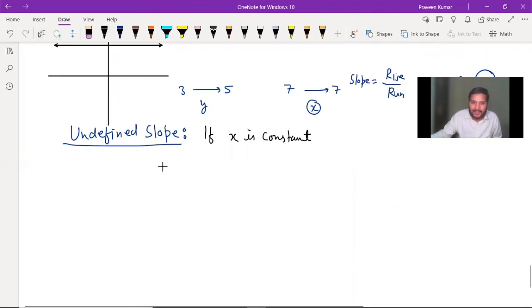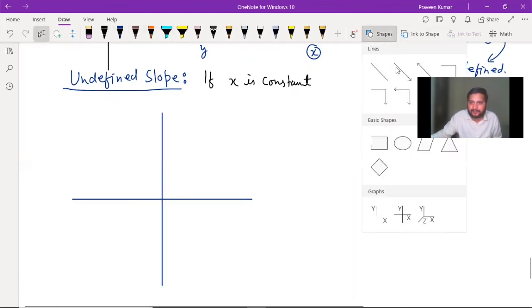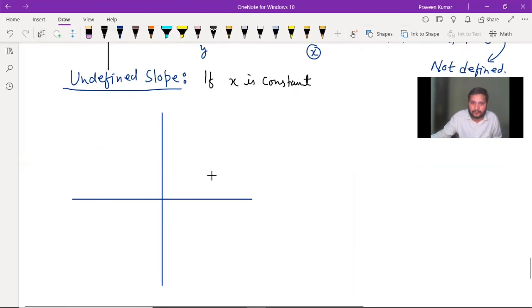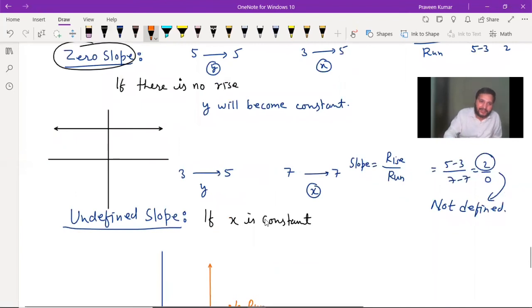If line is parallel to y-axis, then there will be no run. Let us make a line. Yes. There is no run. Previously, there was no rise. Okay. Hope it is clear to you. Thank you.